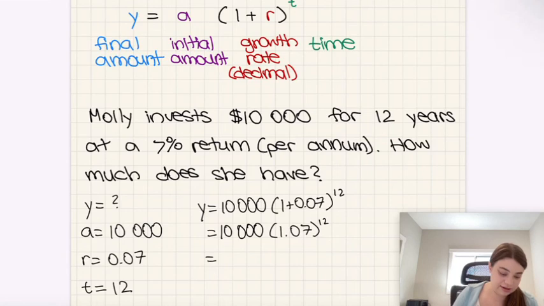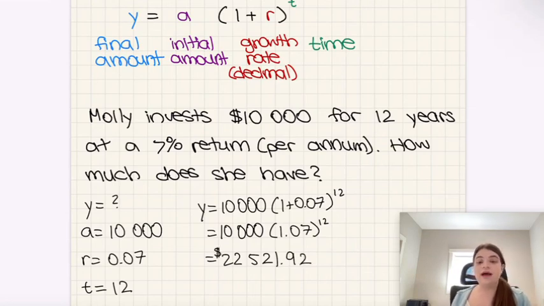I'm going to grab a calculator and type in 1.07 to the power of 12, and then multiply that by 10,000 and get $22,521.92. So therefore, the amount she has after 12 years is $22,521.92, which is pretty cool. She has more than doubled her money after 12 years just by leaving it there and enjoying that 7% return per annum.